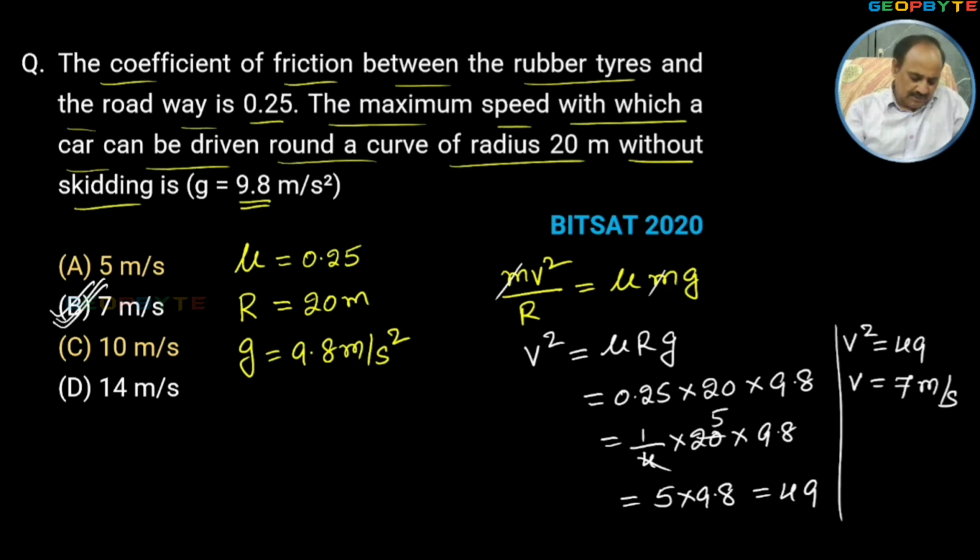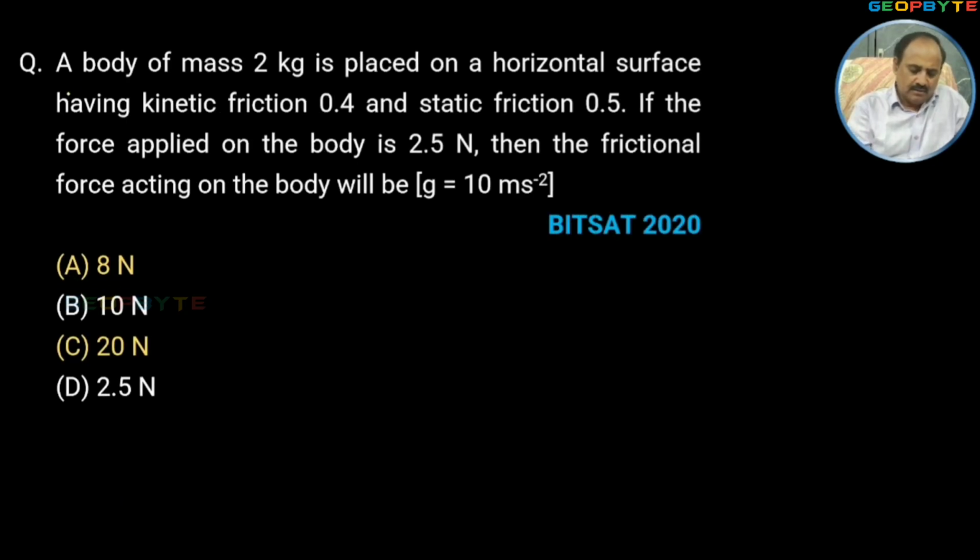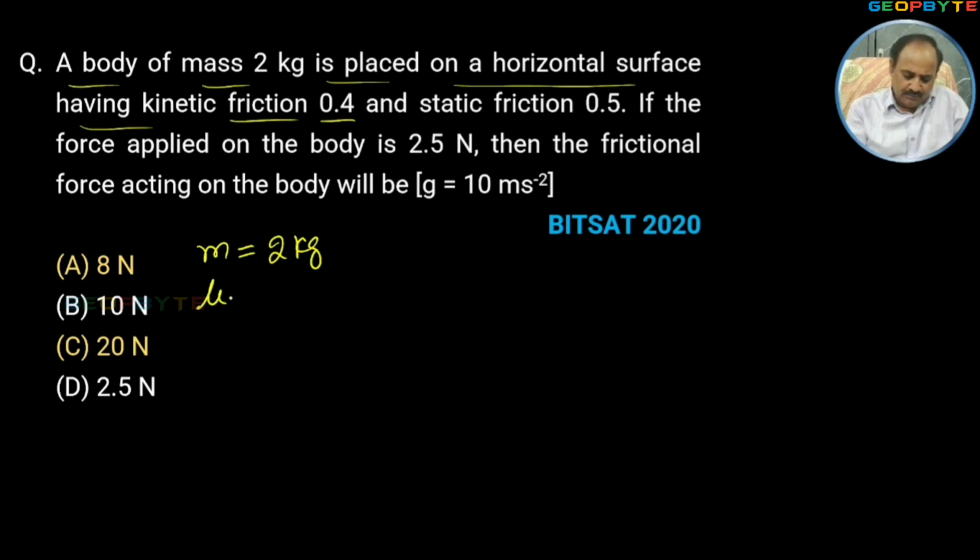Similarly, look at another important problem. It is asking like this. A body of mass 2 kg is placed on a horizontal surface. Mass of the body is given as 2 kilograms, placed on a horizontal surface having coefficient of kinetic friction mu k equal to 0.4 and coefficient of static friction equal to 0.5.